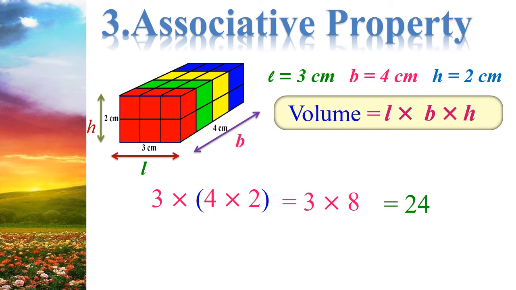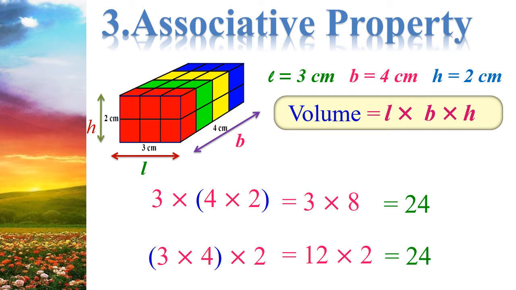In the second way, first we multiply 3 and 4 and then multiply 2. Therefore, 12 into 2 equal to 24. Both ways of approaching give the same answer.